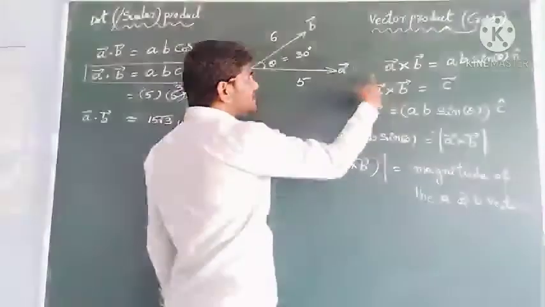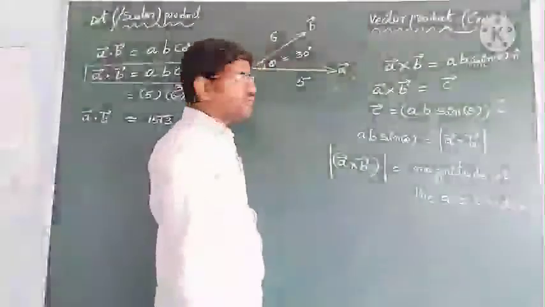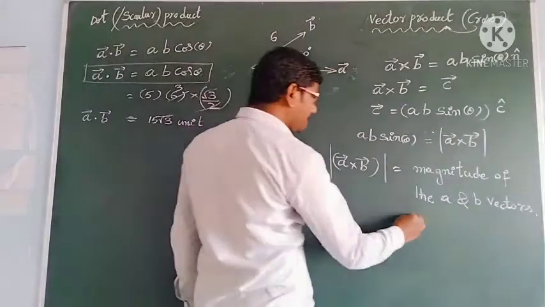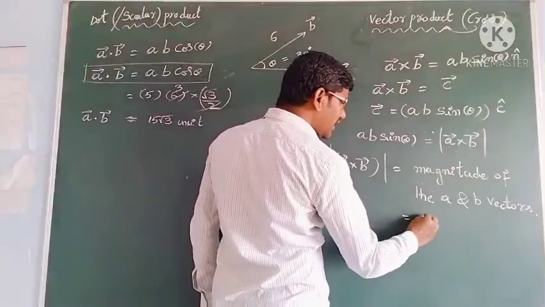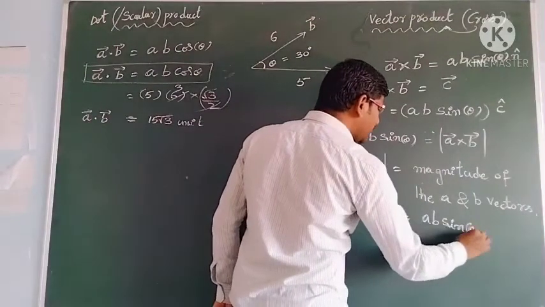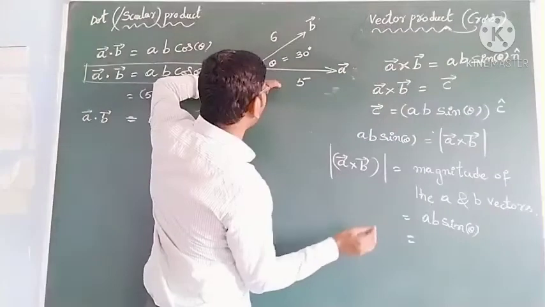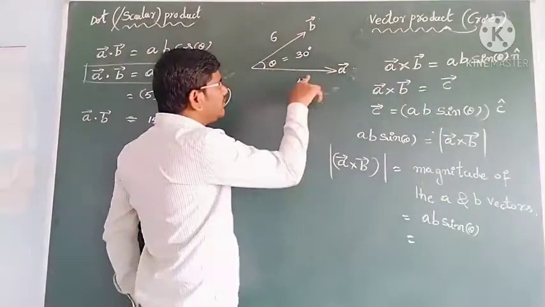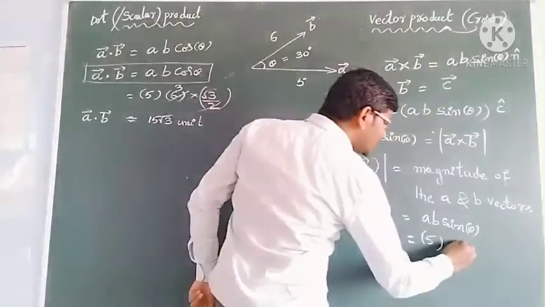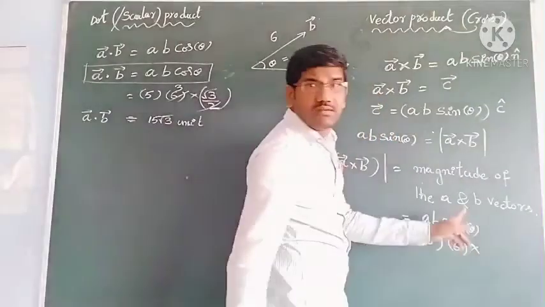Similarly, if I ask you for the magnitude of A bar cross B bar, it is equal to AB sin theta. The magnitude of the cross product of A and B vectors is AB sin theta, which you have to find, students. A value I gave you is 5 units, B value is 6 units, and the angle between them is 30.